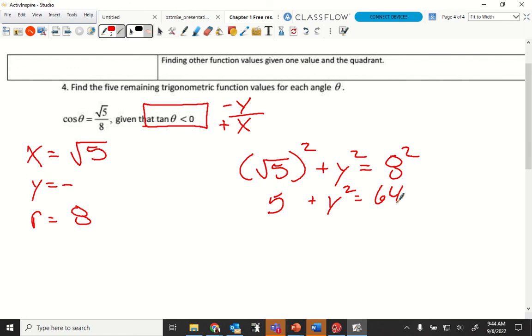What am I doing to that 5? Subtracting. Get rid of it. Y squared is 59. Yes.